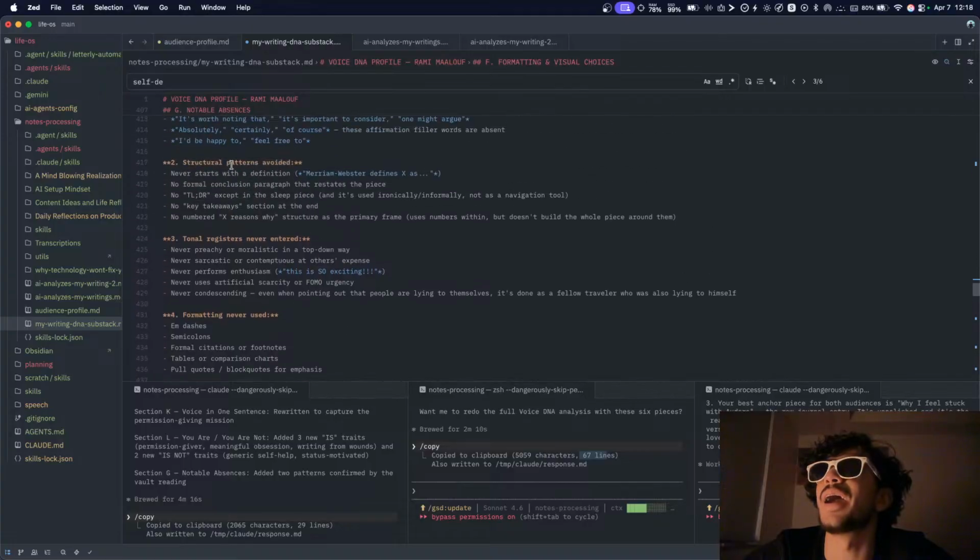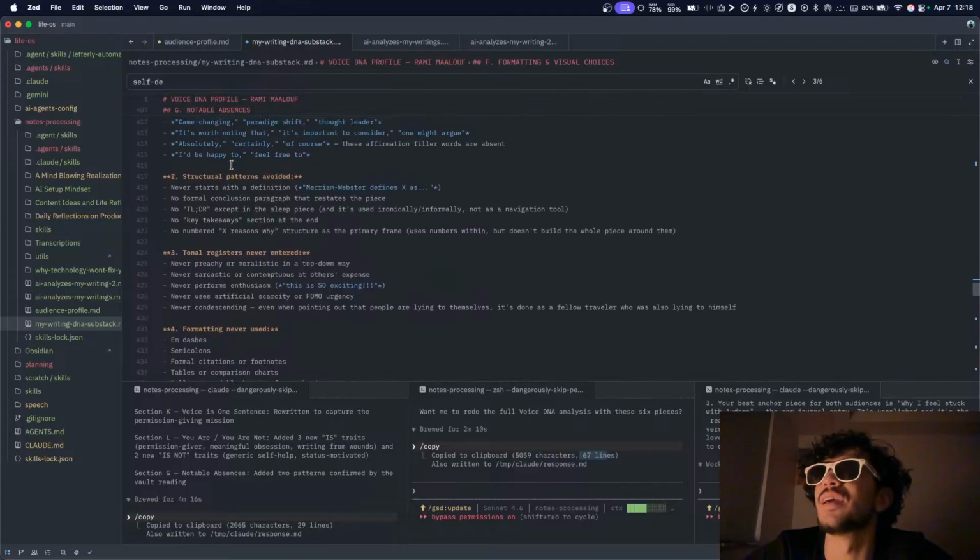No numbered "X reasons why." Structure as a primary frame. No key takeaways section. Really? I disagree with these things.